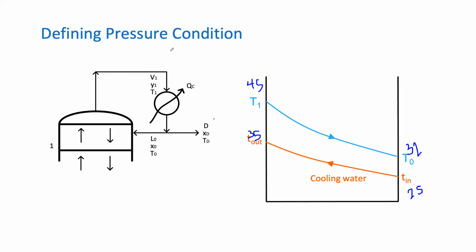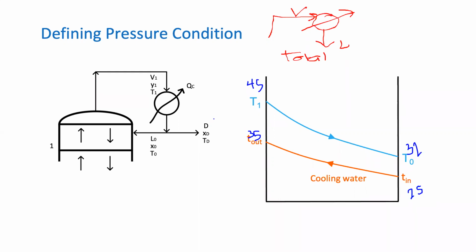Because the vapor, we condense all of it and it becomes liquid, from vapor to liquid. So this is a total condenser.